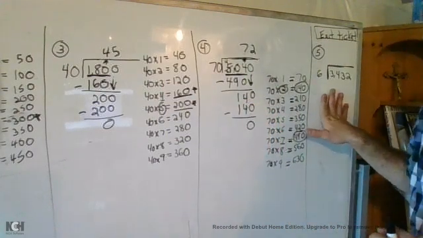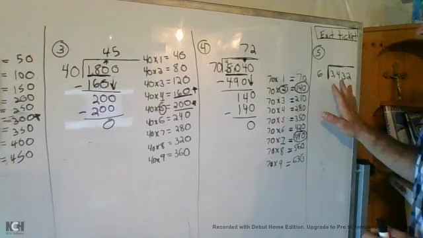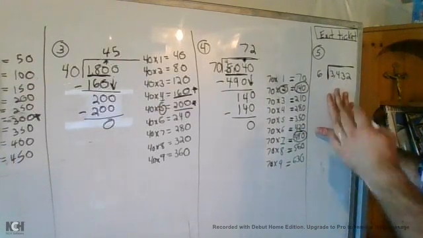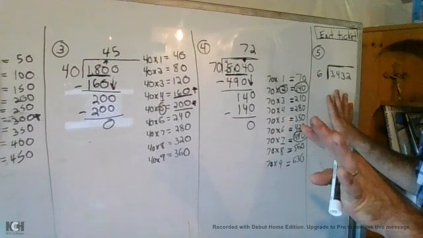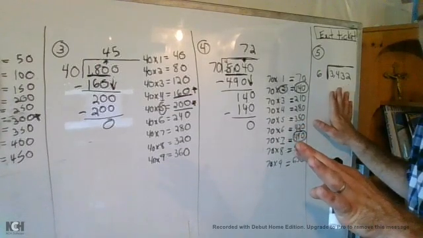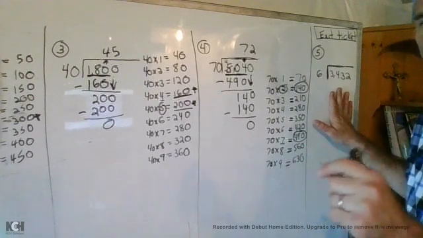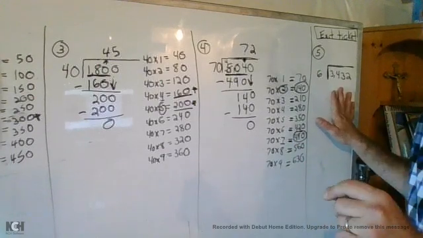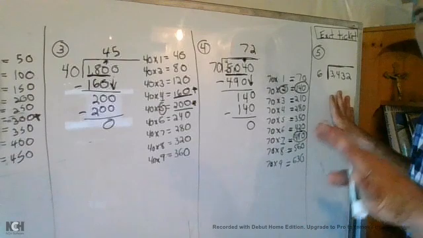Especially when you get to the exit ticket. If you're getting stuck, it's maybe subtraction. Slow yourself down, check your subtraction before moving on to the next step. So think about your mistake, what it might be, before moving on to the next step, and then move along.